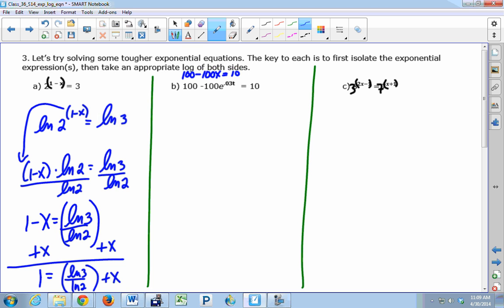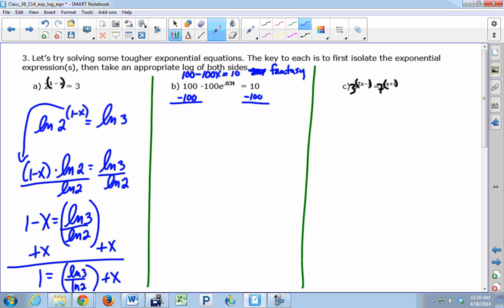So let's get rid of anything that's hanging on to it by adding and subtracting, or anything that's multiplying or dividing it. So the first thing I'm going to do, just like I would do here, is subtract 100. This is just a little fantasy right here. Here's my fantasy that it's 100 minus 100x equals 10. I'd subtract 100 from both sides.